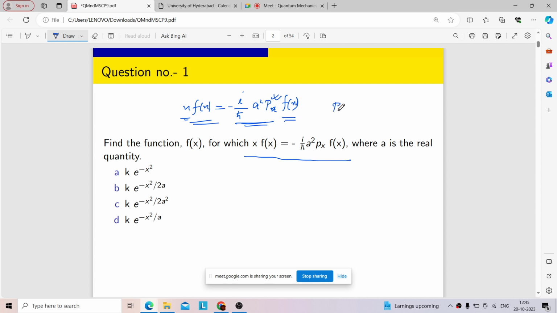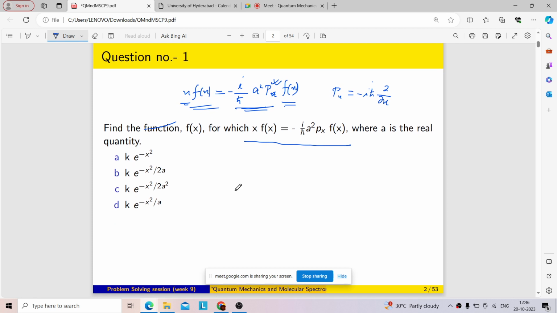So in coordinate space, px will have the form minus i h cross del over del x.